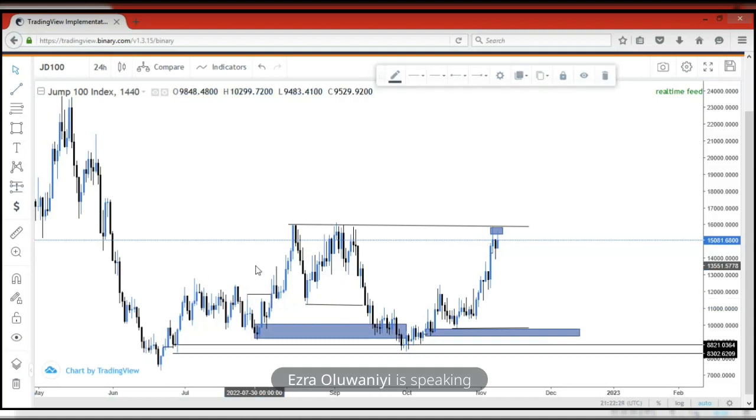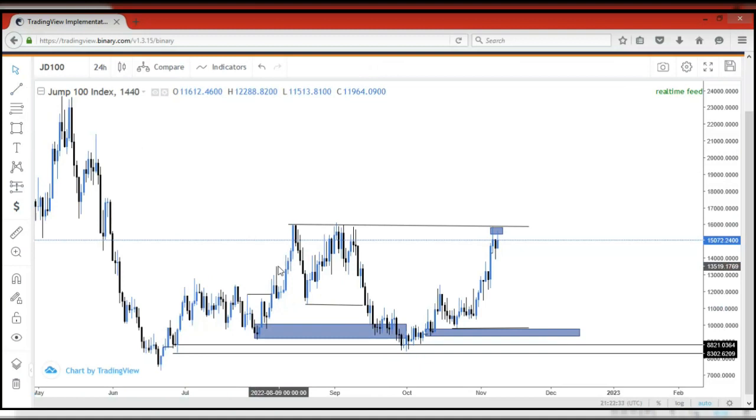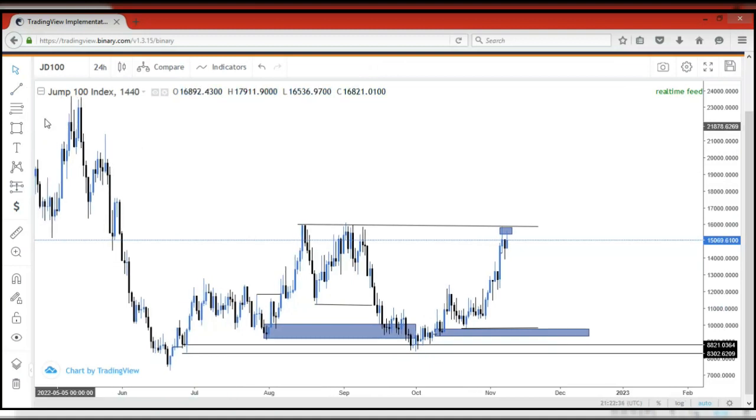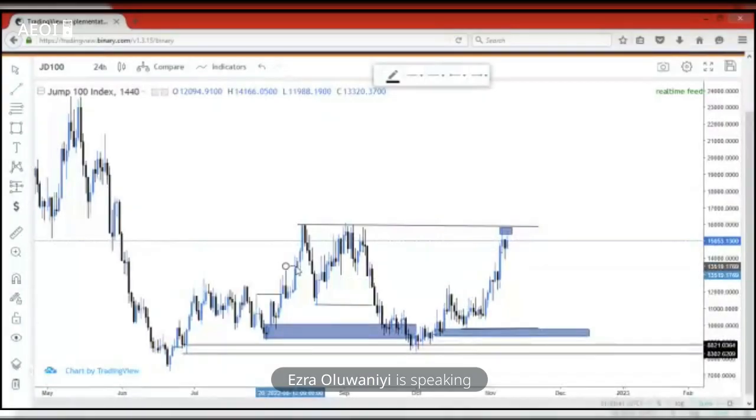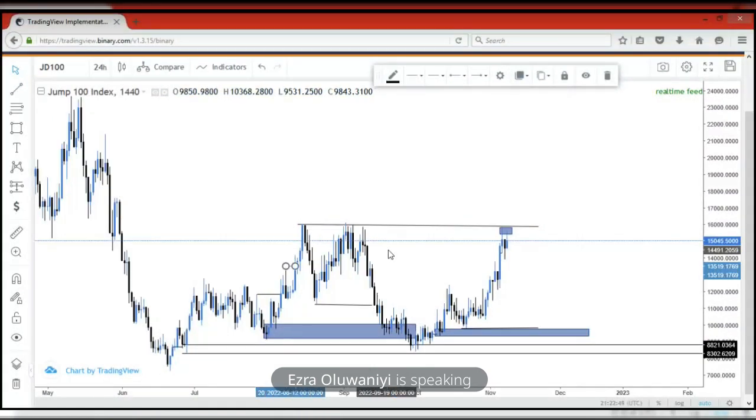That's the high. This is another high. So you can see how they were broken. Even this one is already a sell trend. So price broke structure to the downside. We're waiting for a retest.